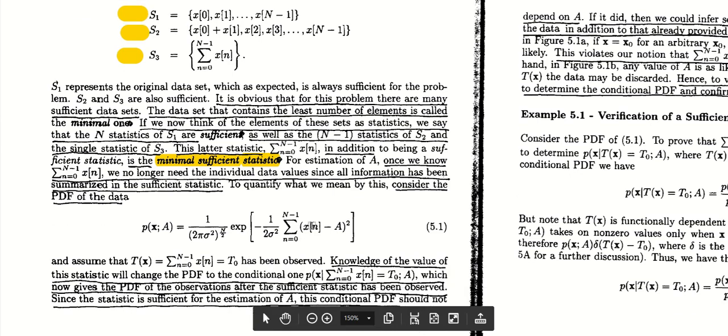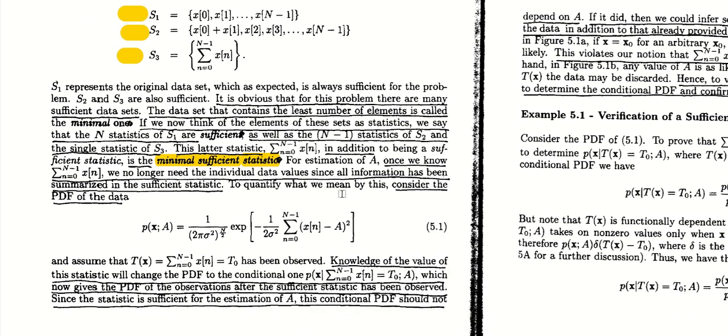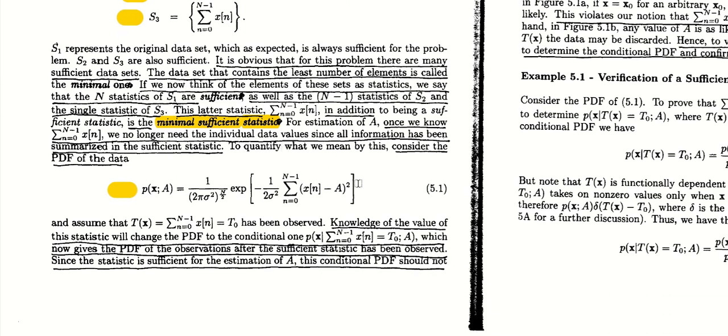Okay, the next thing is let's try to look at the PDF. As you know, when this PDF is treated as a function of theta, it is a likelihood function.